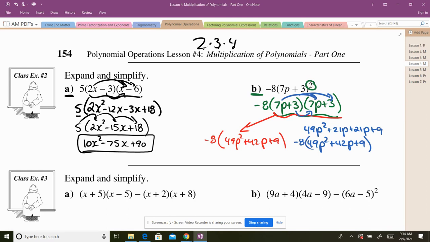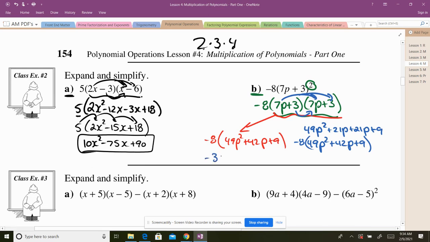Okay, so what's my final step here? What do I have to do? Negative 8 gets multiplied in. I have no idea what 8 times 49 is. 400 minus 8, 392? Negative.